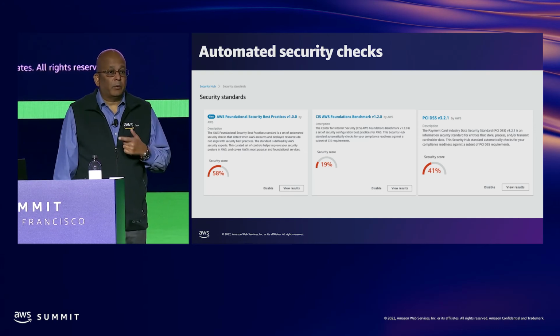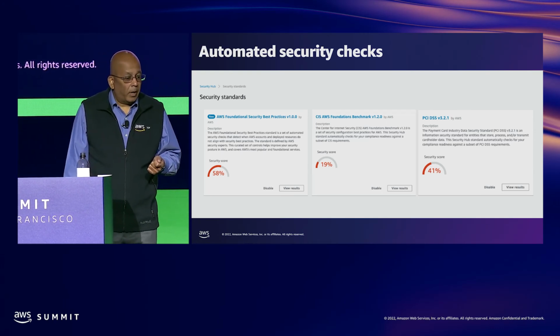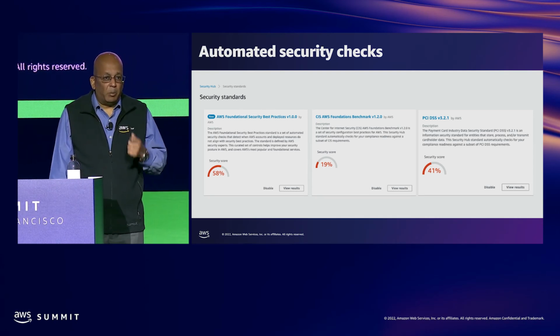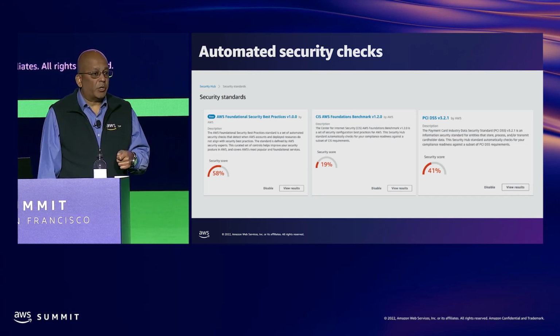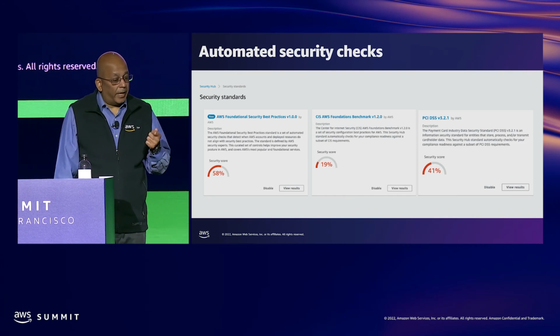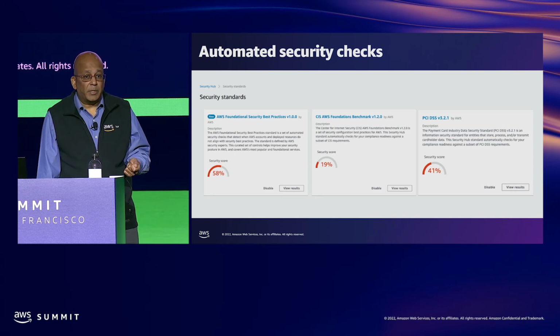This is the part which I was mentioning earlier on, which I thought was very, very important, right? There are some security standards that are very easy to enable and help you improve your security posture on your accounts, right? There are foundational standards. There's an AWS Foundational Security Best Practices standard that is created by AWS experts, right?